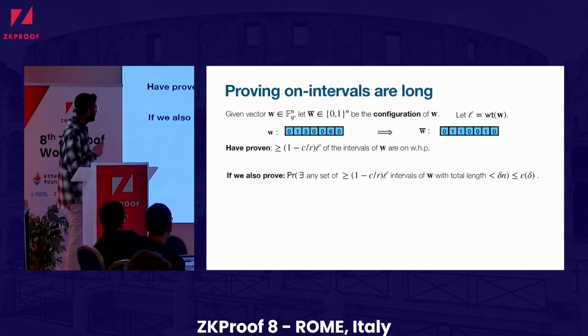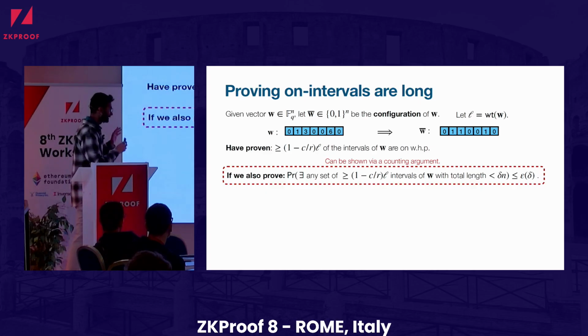And now, if we somehow also prove, so this statement is a little bit messy, so it'll take a second, that the probability that there exists any set of more than 1 minus C over R times L intervals that have small length is small.